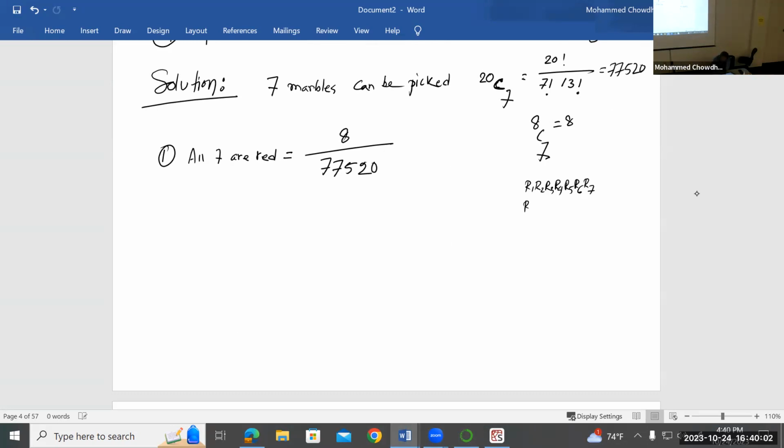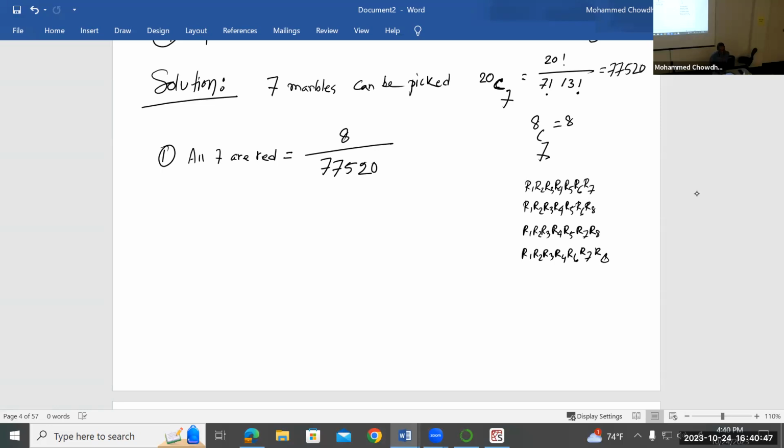Then red 1, red 2, red 3, red 4, red 5, red 6, red 8. Now red 1, red 2, red 3, red 4, red 5, red 7, red 8. So 6 is not in there. Again, red 1, red 2, red 3, red 4, red 6, red 7, red 8. If you list all of this, you will get 8 different types of red marble selections.